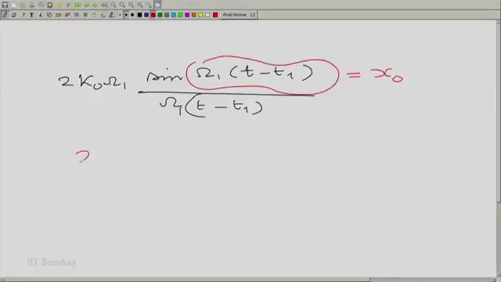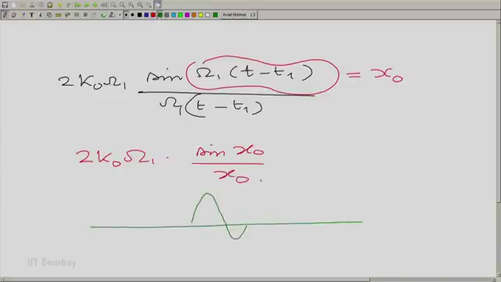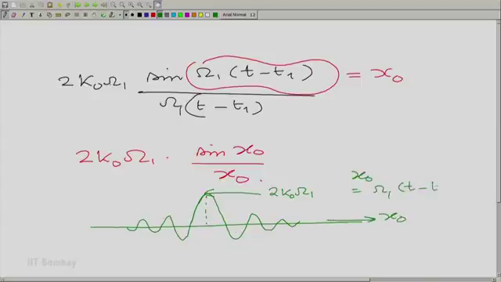So this is of the form 2 kappa 0 omega 1, which is a constant as you know, times sin x0 by x0. We can sketch this, that is not difficult to do. That would have an appearance like this from what we derived in the previous session. The only change is the height would now be 2 kappa 0 omega 1 instead of 1, and x0 here is omega 1 into (t minus t1).